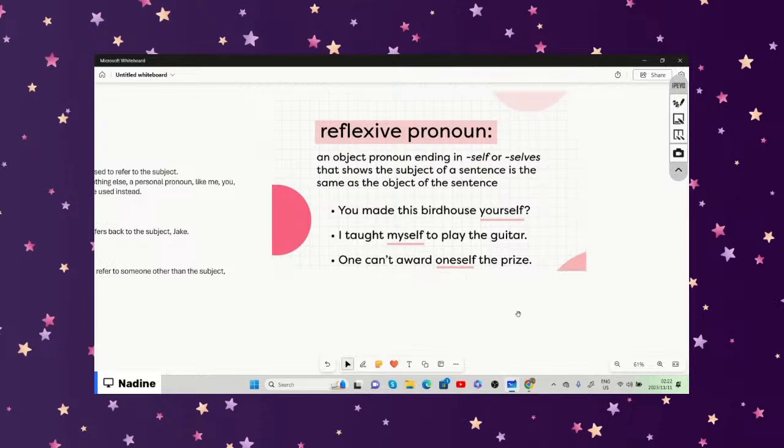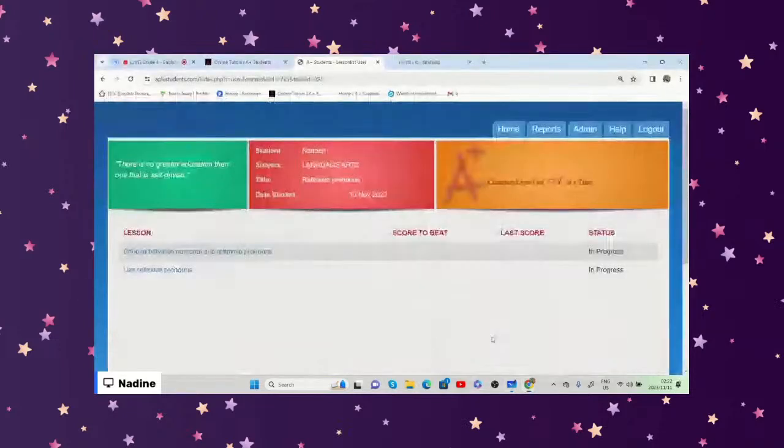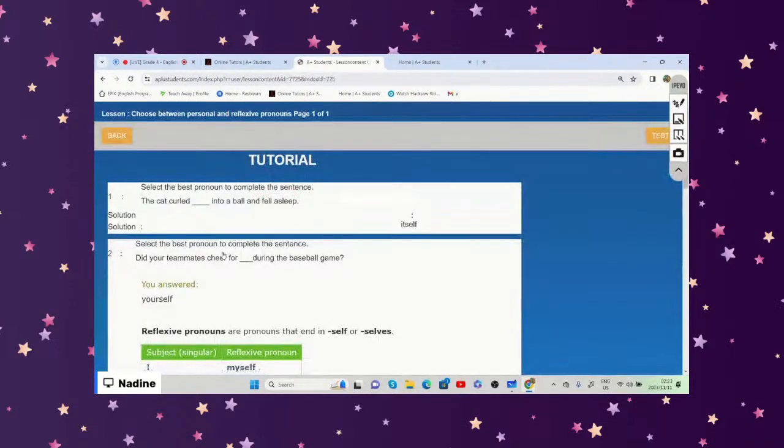All right, so now we're going to aplusstudents.ca and then we're going to the first lesson, which is to choose between personal and reflexive pronouns.